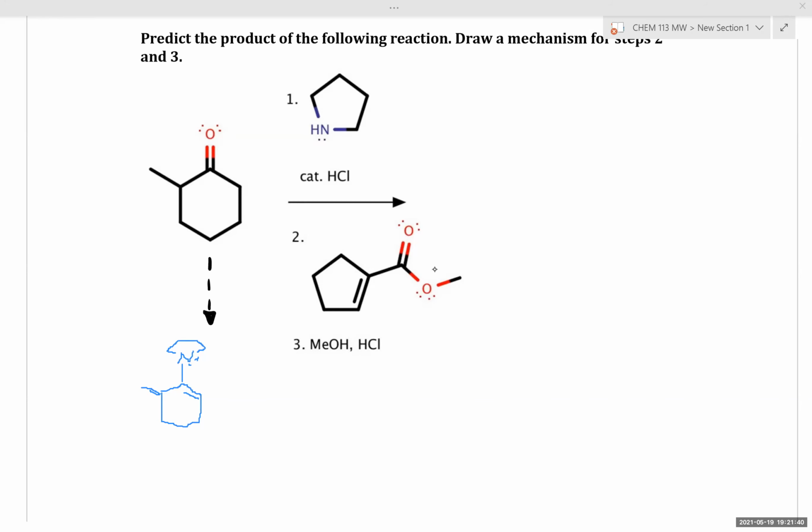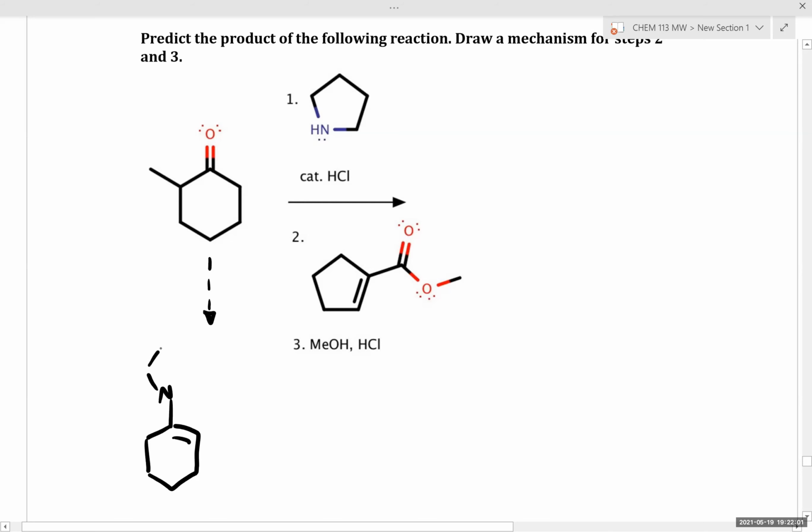So now that we have our enamine, which is an enolate equivalent, the enamine is nucleophilic. So now that we have our nucleophilic enamine, is there an electrophile available that can react with this enolate equivalent?